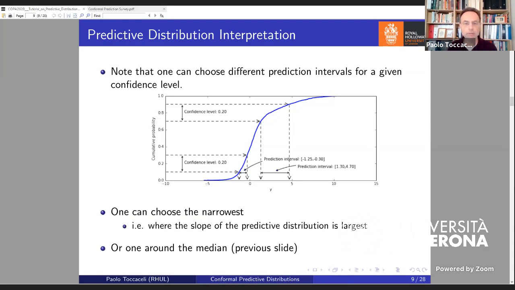And you do that by looking for the part of the graph where the slope of the predictive distribution is higher. But another method for choosing an interval might as well be choosing it symmetrically around the median, as I did in a previous slide.